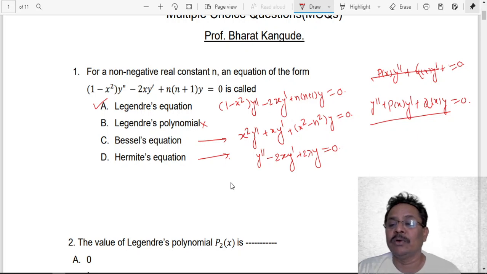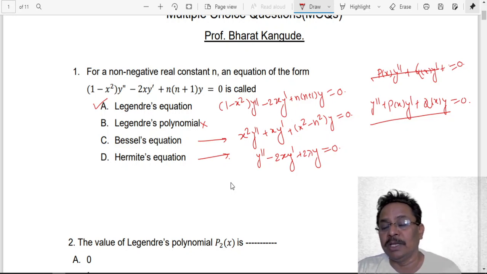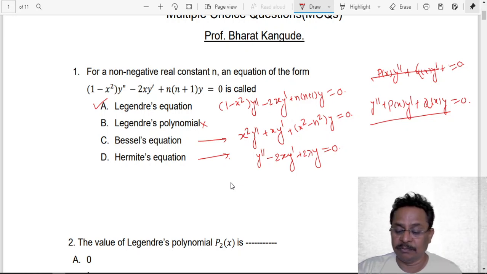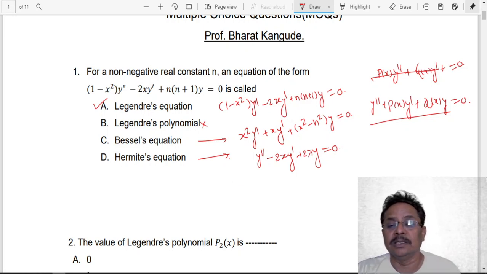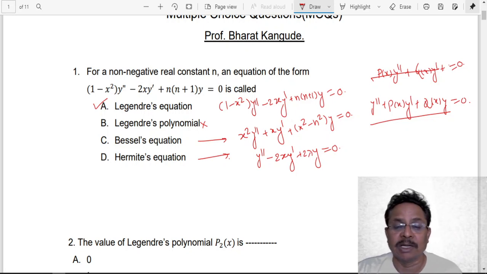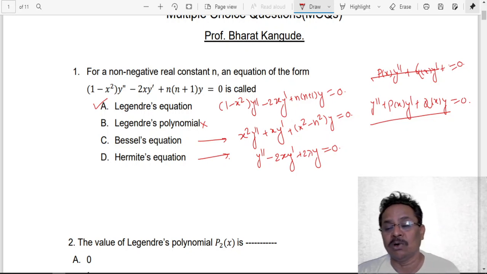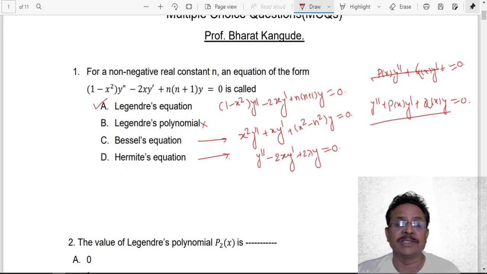Then test p of x as well as q of x at a certain value x is equal to x0, whether they remain finite or they become infinite or diverge. Based upon that, we classify the solutions as ordinary or singular solutions. All this is known to you, and then we can go for the solution of all these equations using the series solution method.